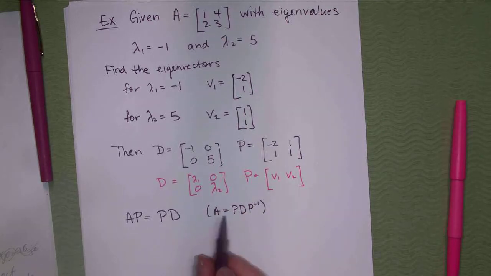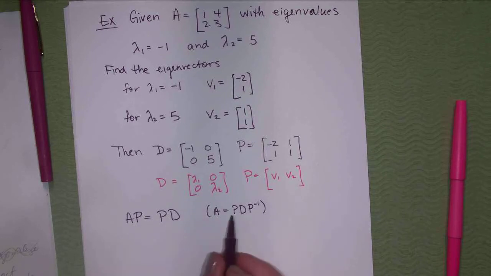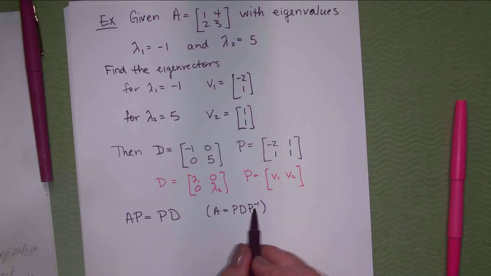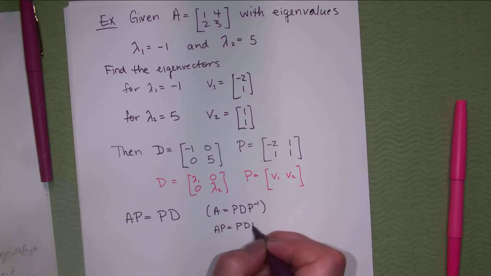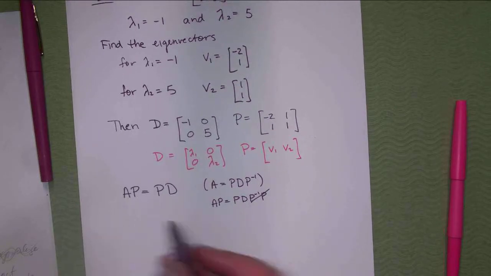So A equals P, D, P inverse, I wrote that down before. How could I get this from that? A P on the end would make those cancel. If I multiply this by P, and this by P, they cancel, so A P equals P D. That's a check that you can do.